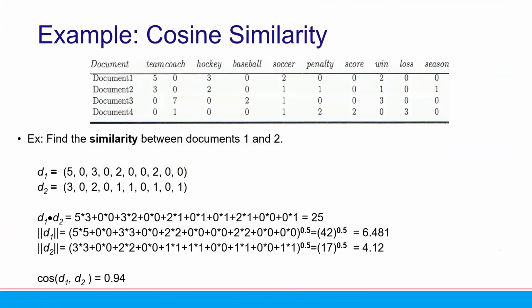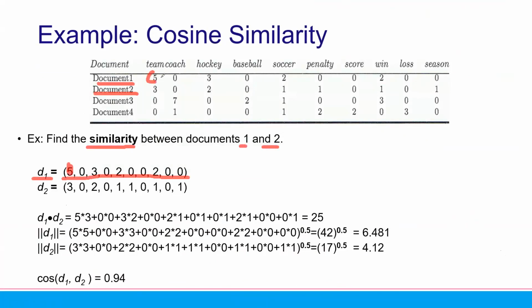So I use the document that we saw before, and let's find the similarity. I want to find the similarity between document 1 and document 2. So this is document 1, this is document 2. So for document 1, we can create the vector 5.